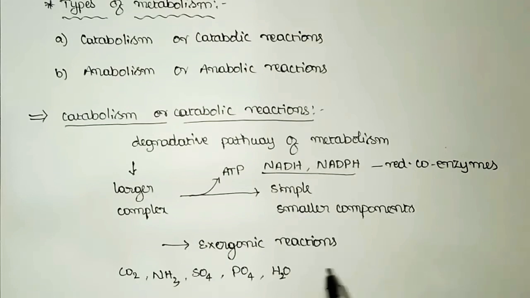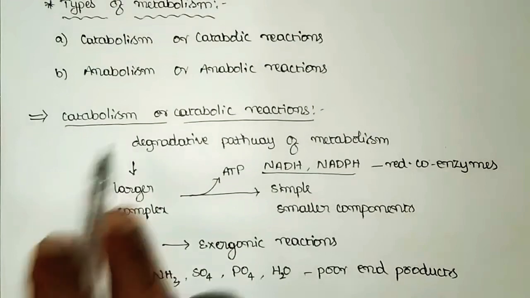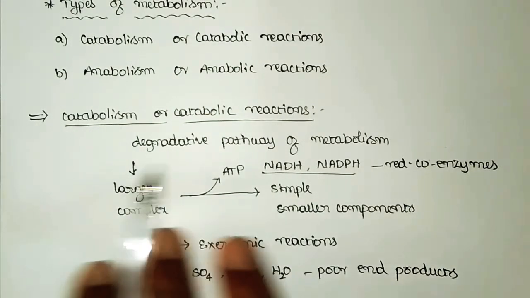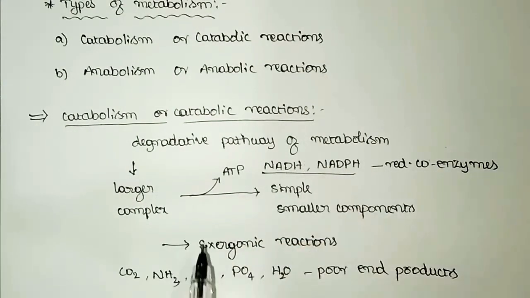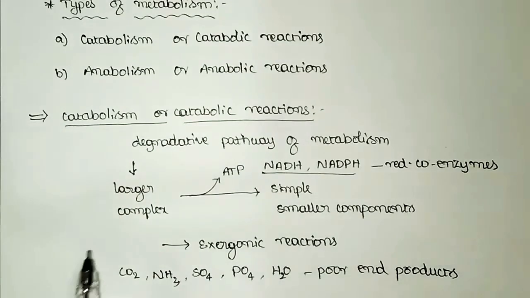All these will be considered poor end products or waste products. And whatever waste products are produced during the catabolic process will be eliminated in the process of excretion. So this is the whole and soul of catabolism.